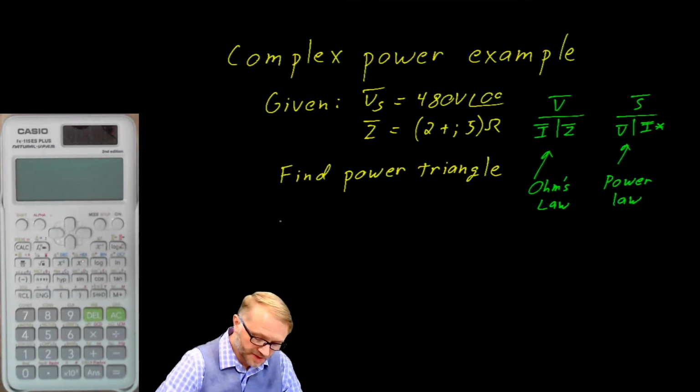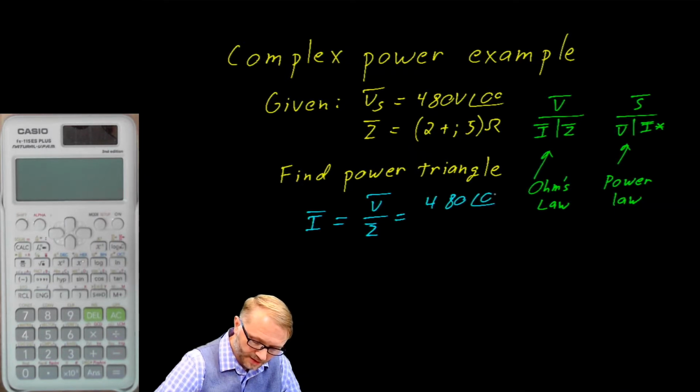Our opening move is to calculate the current, which is voltage divided by impedance. In this case, 480 angle 0 divided by 2 plus j5.